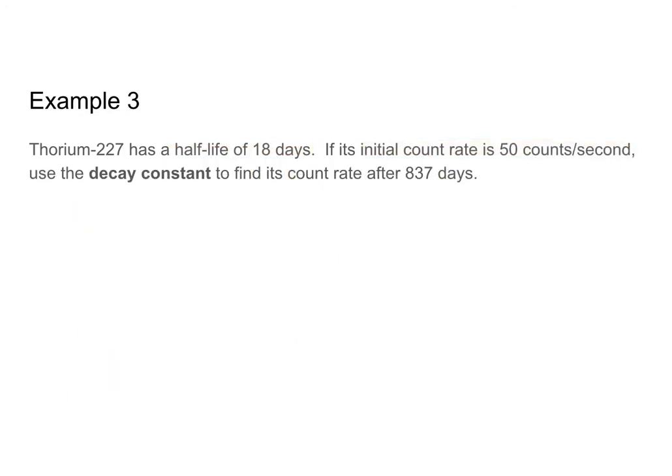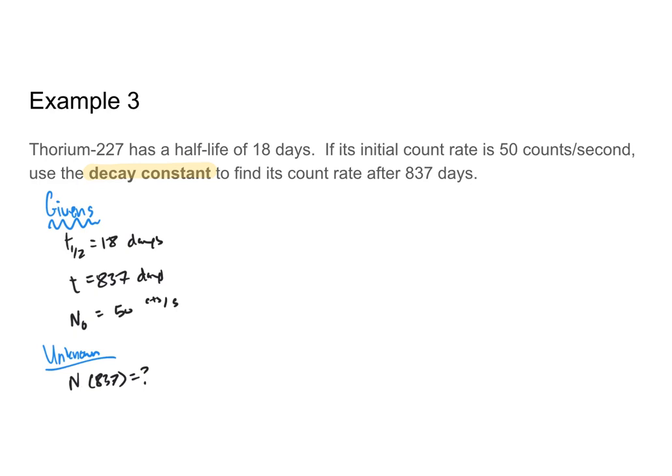So this is a similar question, but this time I want to use the decay constant to find its count rate after 837 days. Again, my givens are the same, and my unknown is still my count rate after 837 days. But this time, I want to find lambda before I find my unknown. So I have to use two equations here.